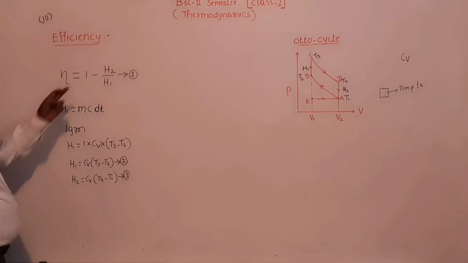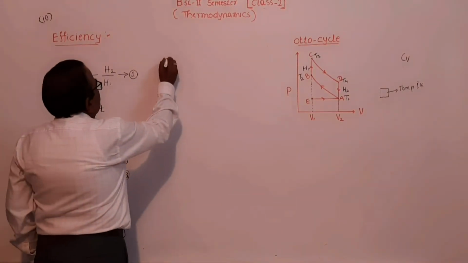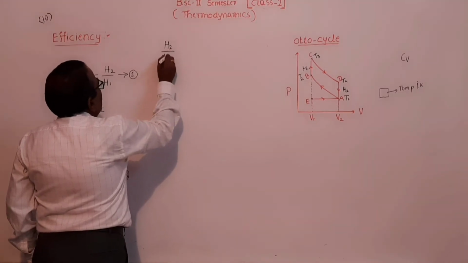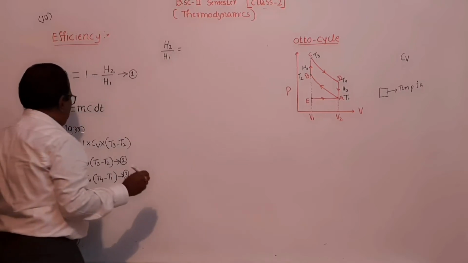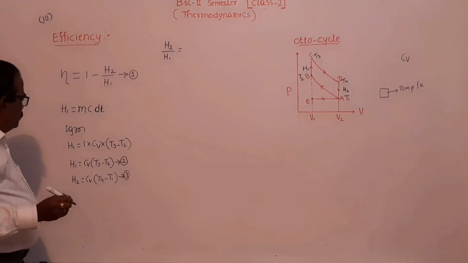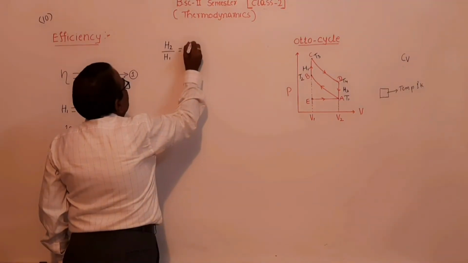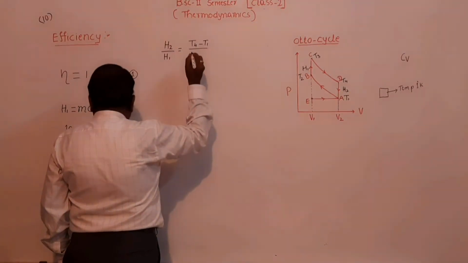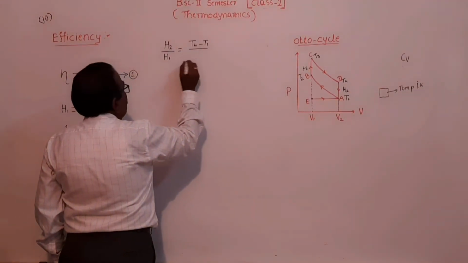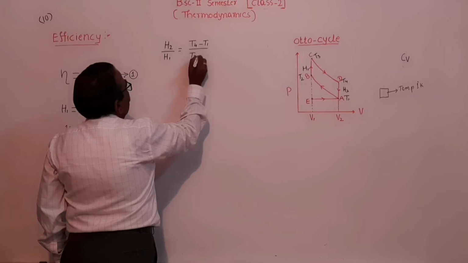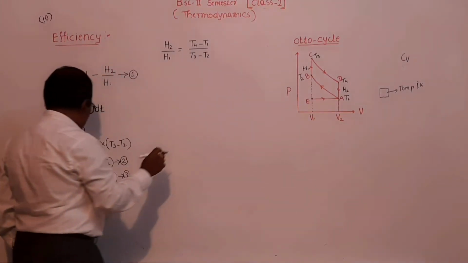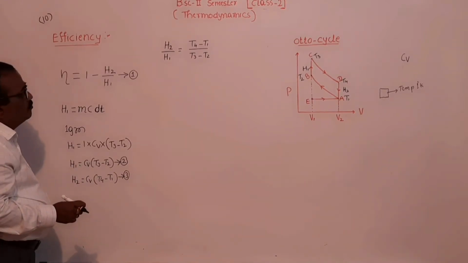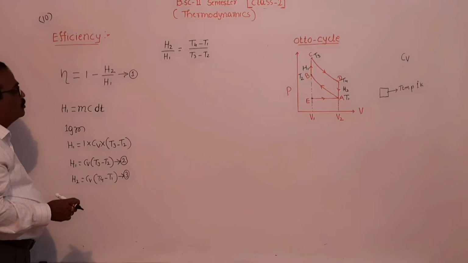Now H2 upon H1 is T4 minus T1 upon T3 minus T2, because Cv and Cv get cancelled.